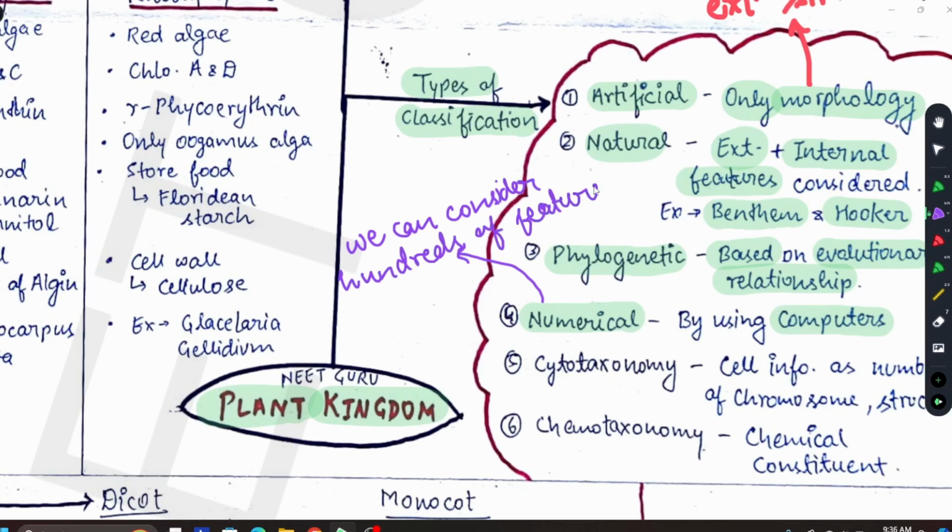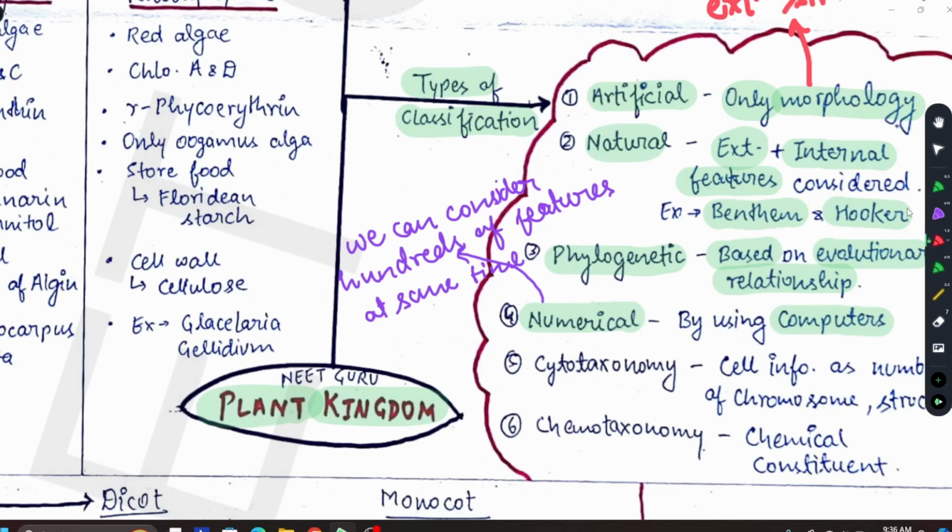At the same time, because we feed all the features in the computer, we create a software, and the computer will basically do the classification. So numerical classification has a really great advantage that we can consider hundreds of features at a time.